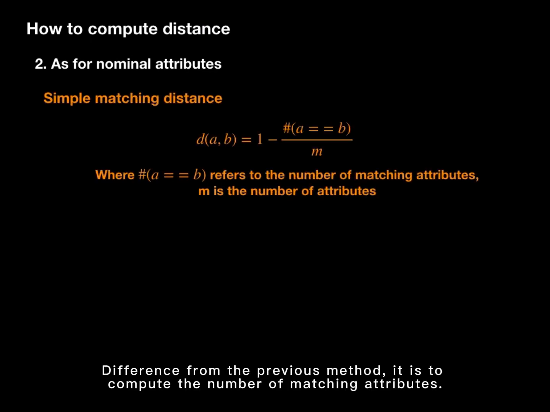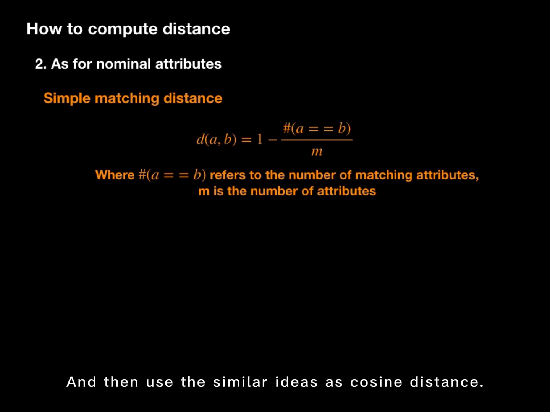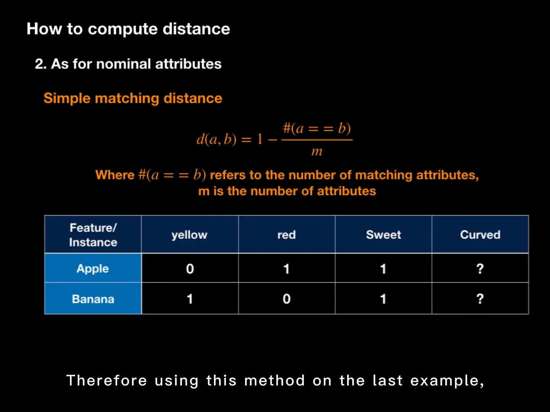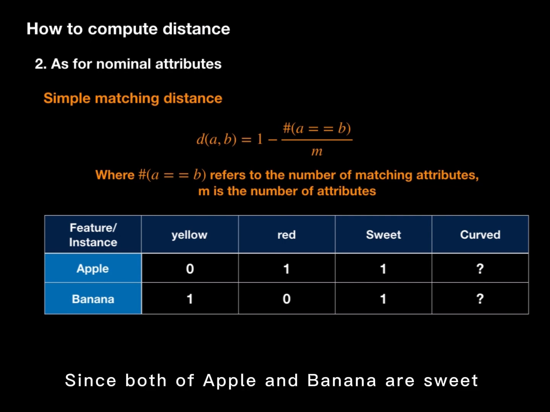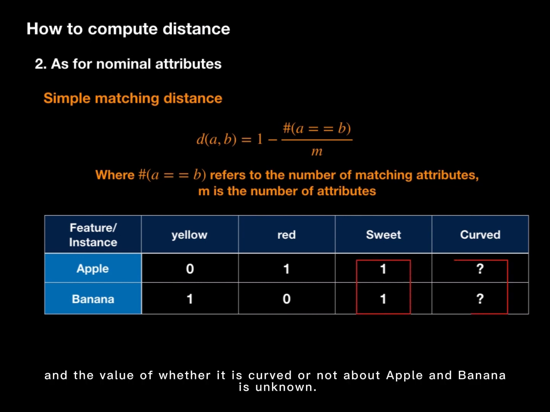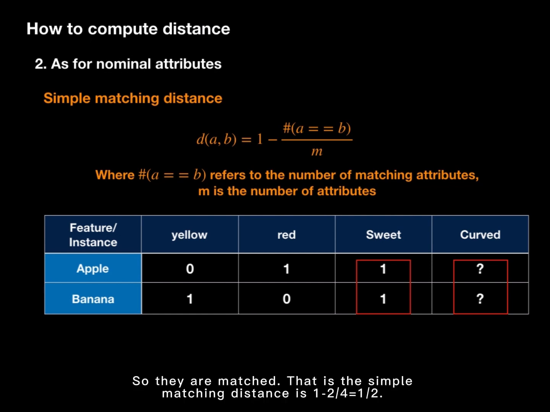Different from the previous method, it computes the number of matching attributes and then uses similar ideas as the cosine distance. Therefore, using this method on the last example, since both apple and banana are sweet, and the value of whether it is curved or not for apple and banana is unknown, so they are matched.